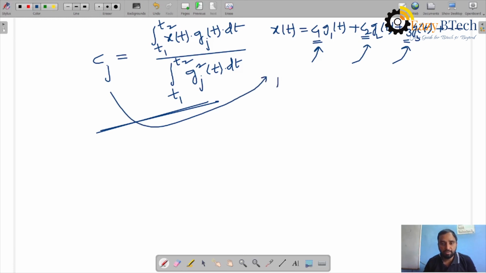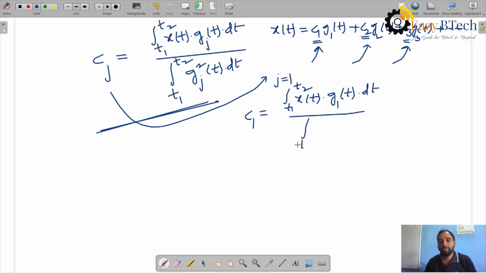If you take j is equal to 1, we get the formula of c1. How to get the c1 value? j is 1, so integral t1 to t2 x of t into g1 of t dt, divided by integral t1 to t2 g1 square of t dt, that's all.